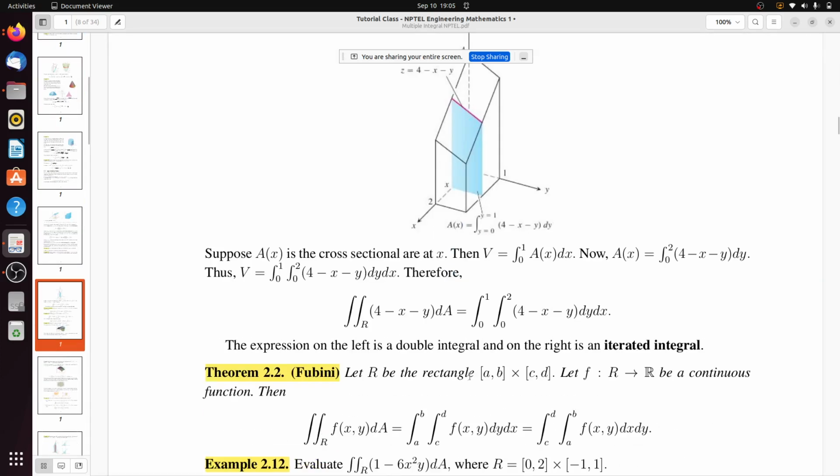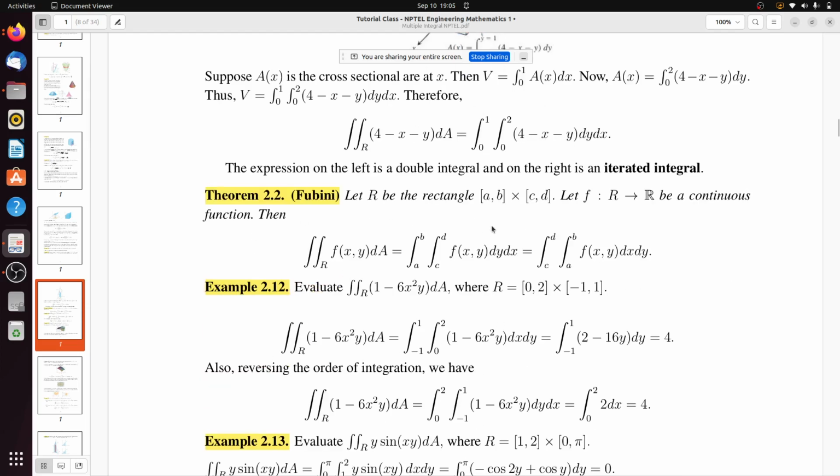Fubini's theorem is very important because it gives you the relationship between multiple integral and iterated integral, and also tells you when it is permissible to change the order of the integration.